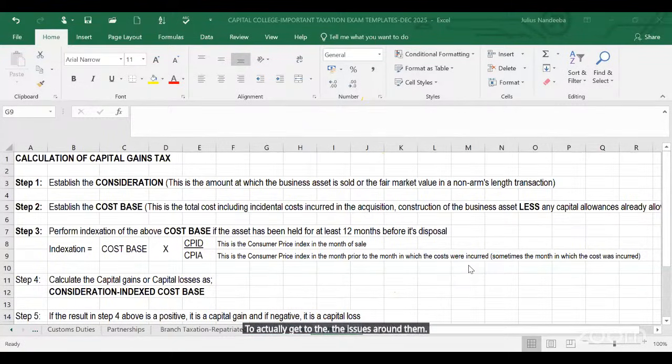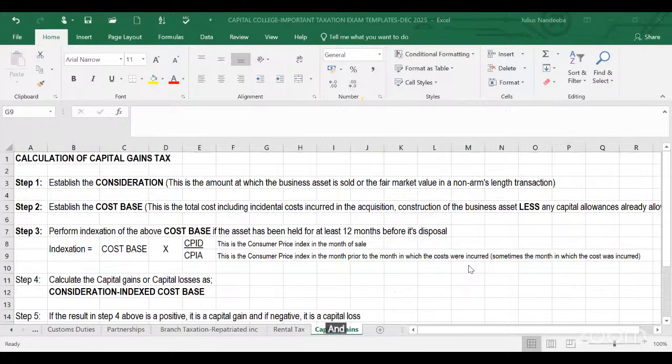When we calculate capital gains, principle number one is that you must be able to have three things. What are the three things? Number one, you must have disposed of a business asset.